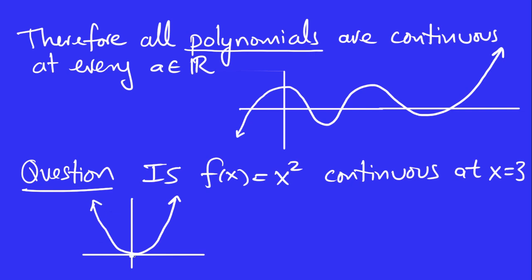If we look at our informal definition that we talked about before, notice this graph is at, let's say 3 is right here, right? Can I ask you what this y value would be? I hope you know it's 9, right? Because 3 squared is 9. Is this function continuous here? Well, using our informal definition, the function's defined there and there's no breaks in the graph. So yeah, it is.